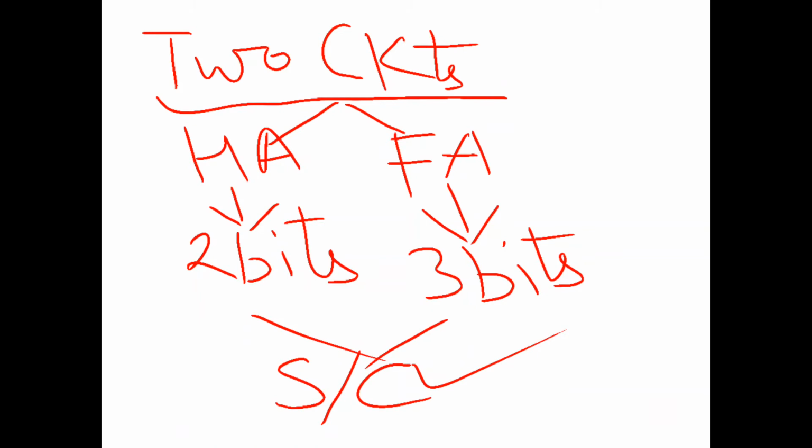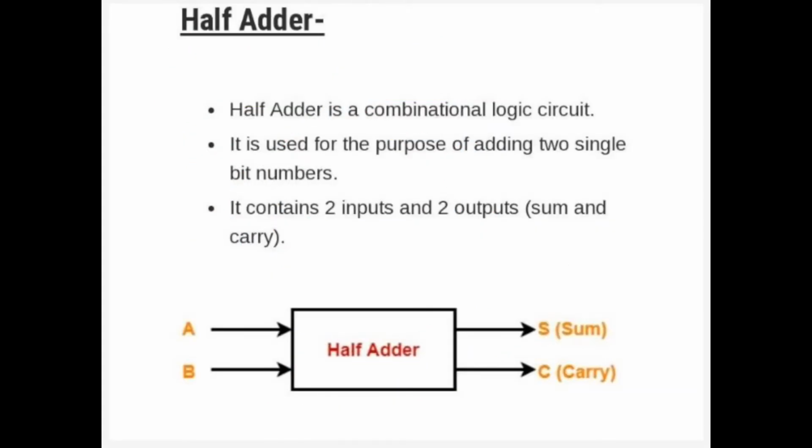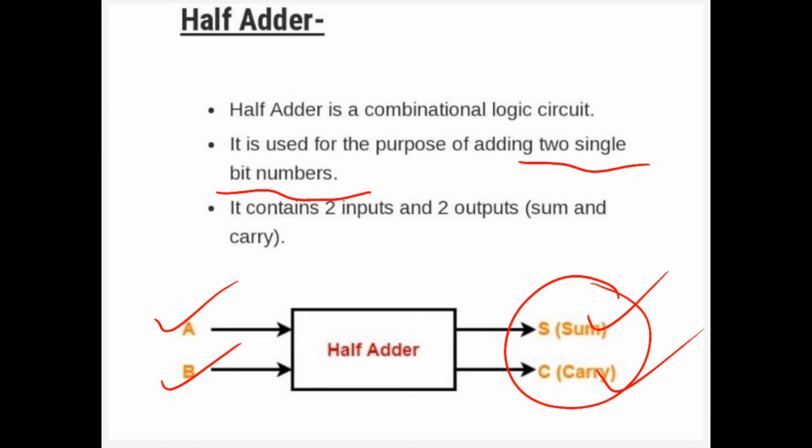Now let us look at the basic behavior of these two circuits. As I already told you, we are having the concept of sum and carry. The half adder is meant for adding two single bit numbers. So there will be two inputs, let us say A and B, which will generate two outputs, sum and carry.